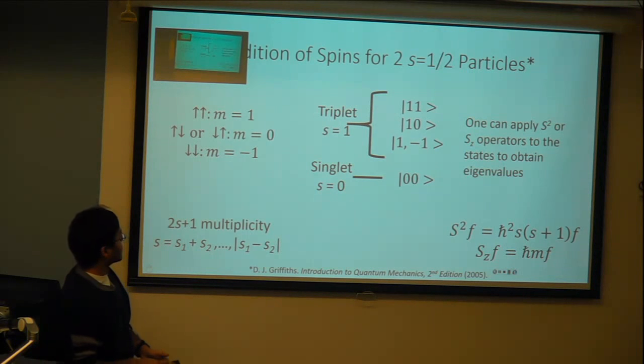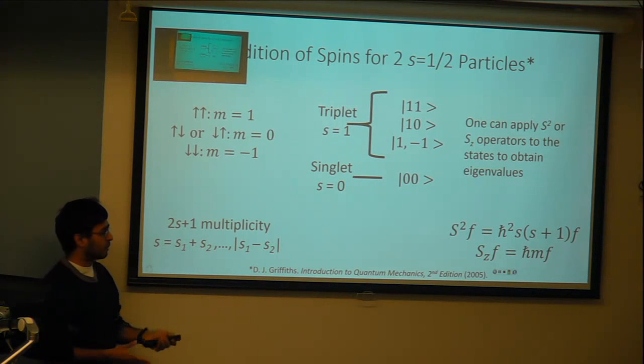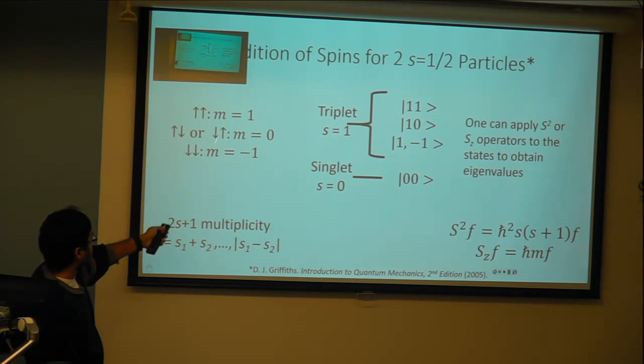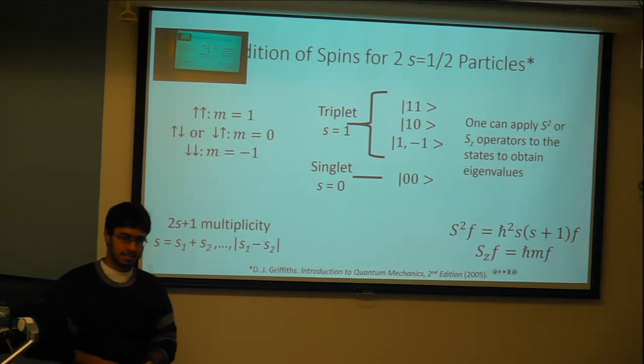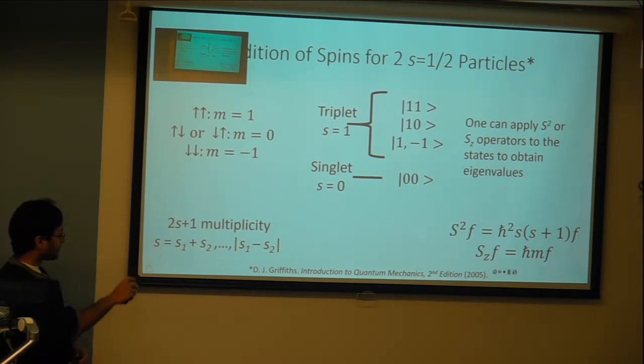So if we want to actually consider 2 particles, for example in hydrogen where we have an electron and a proton, each particle will have a spin of 1/2. There are 4 different possibilities, noting that spin will not be commutative.